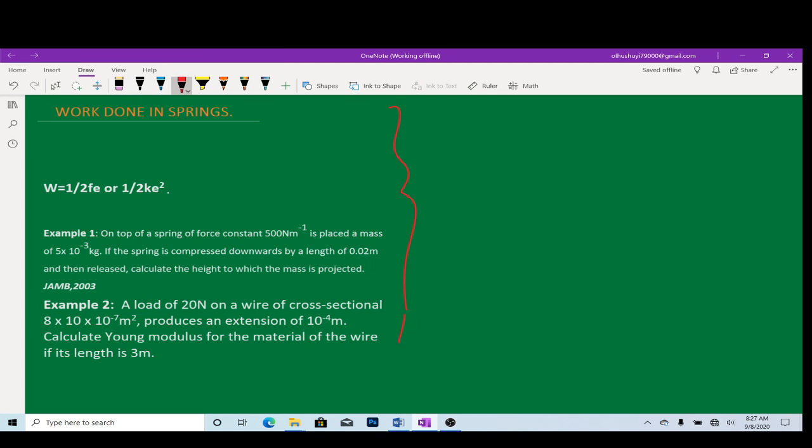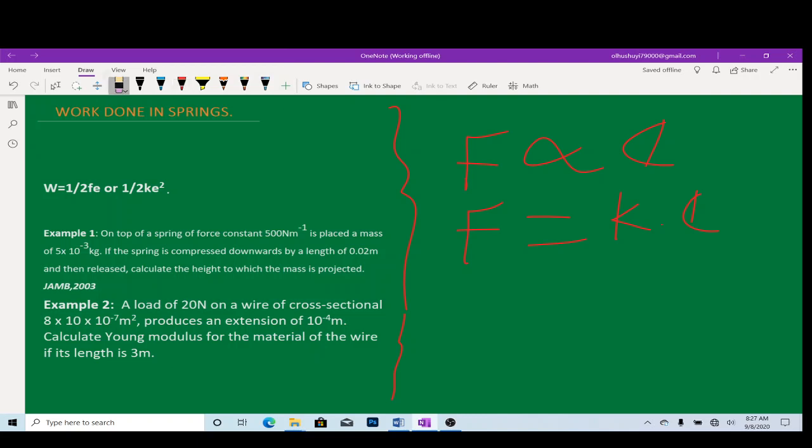Before that, in the previous video on elasticity, I defined the meaning and concept of elasticity. Beyond that, I related the formula: the force applied to the elastic material is directly proportional to the extension experienced by that body. That implies that F is equal to a constant times the extension.